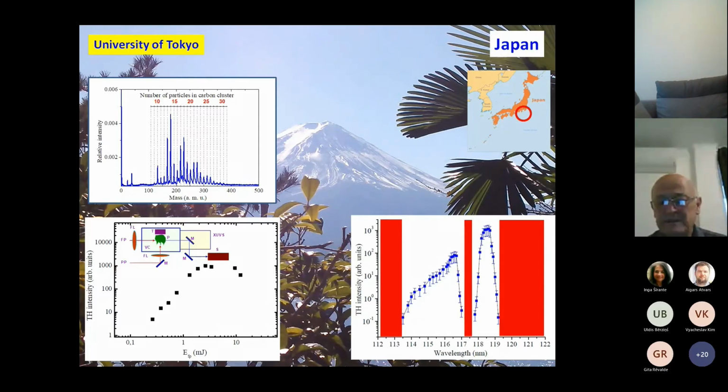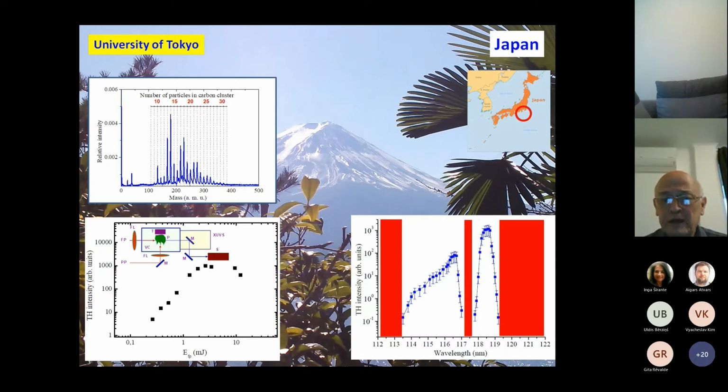With this method, it is possible to analyze some carbon-containing materials. Particularly, once you ablate carbon-containing materials, you can see a very strange shape of the distribution in mass spectra, when only clusters between carbon 5 and carbon 30 can be seen in this mass spectrum of the ablated materials, carbon clusters after ablation of carbon.